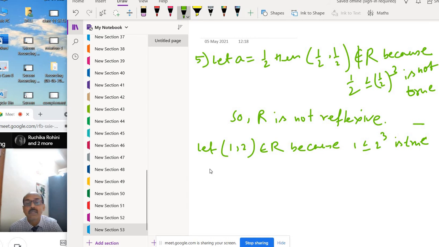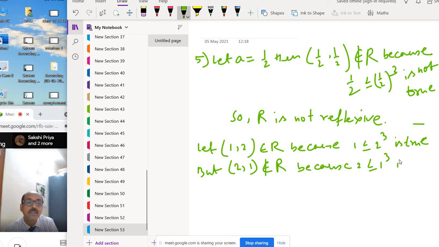Okay, but (2, 1) does not belong to R, because 2 less than or equal to 1 cube is not true.